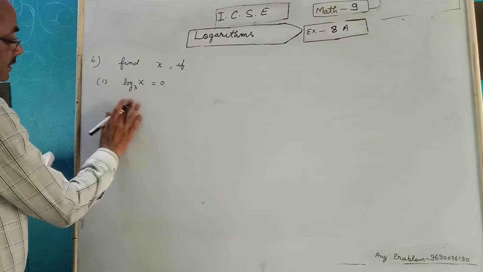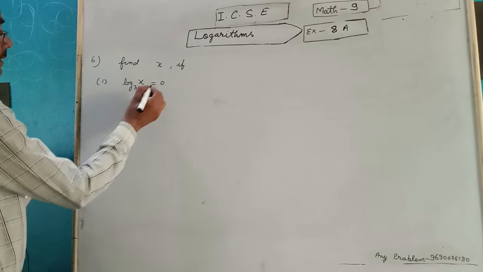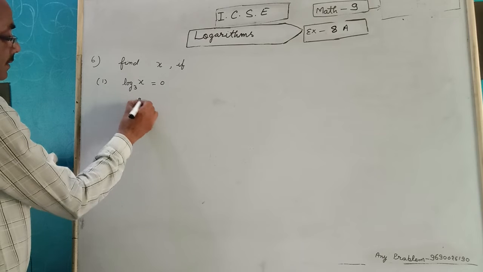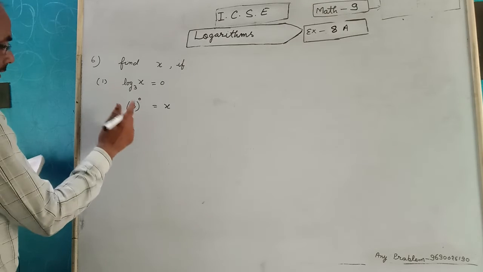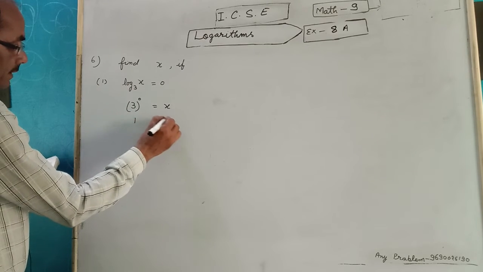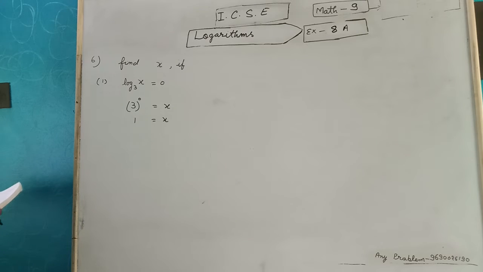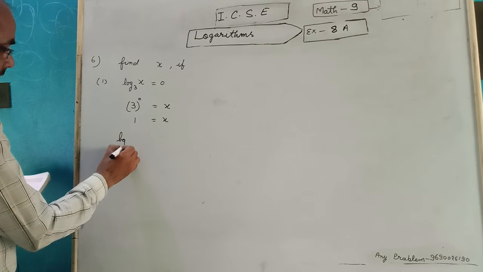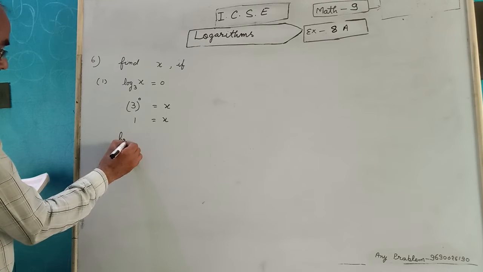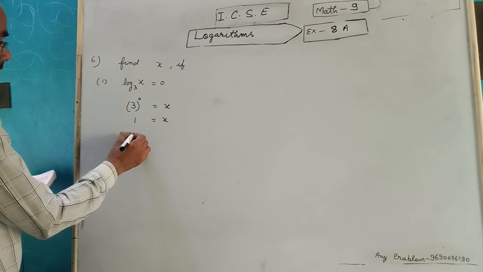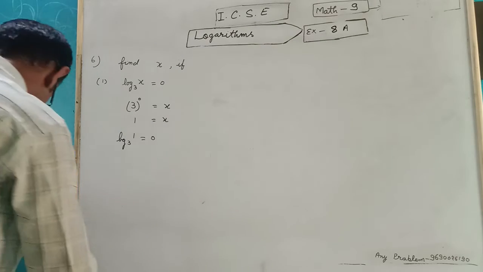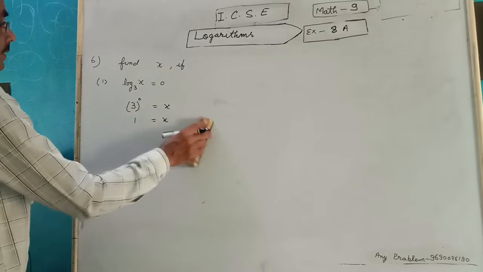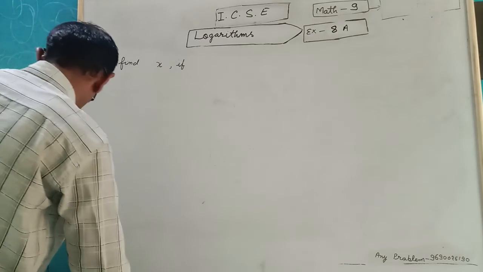Exponential form is 3, write the power x right here. 3 as power 0, value is 1 is equal to x. So you write the log on base 3, 1 is equal to 0.